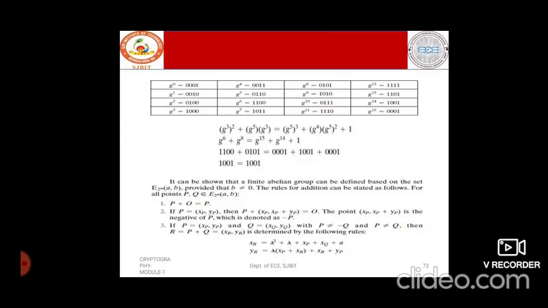This yields a generator g that satisfies f(g) is equal to 0, with g power 4 equal to g plus 1, or in binary g is equal to 0010. We can develop the powers of g from g to the power 0 to g to the power 15. For example, g power 5 can be written as g power 4 into g, that is equal to (g plus 1) into g, which is g square plus g, or 0110.